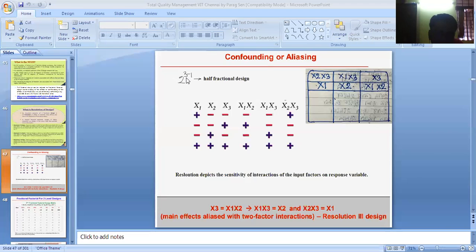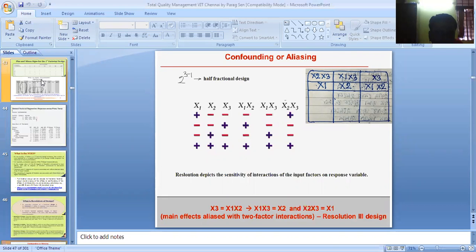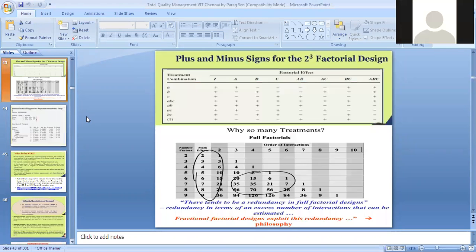That means you need to conduct 8 possible experiments. Earlier you have seen the 8 possible combinations. I have shown you that this is the thing, that 8 experiments you need to conduct.